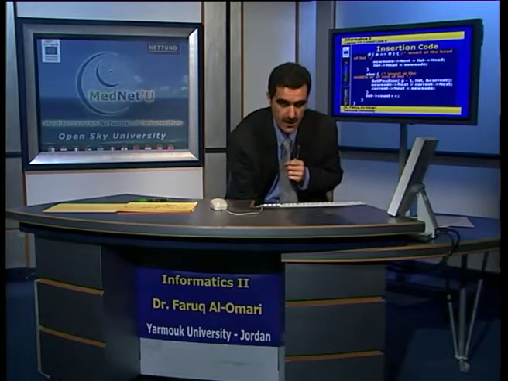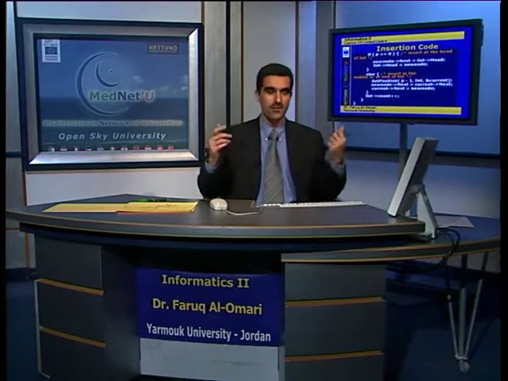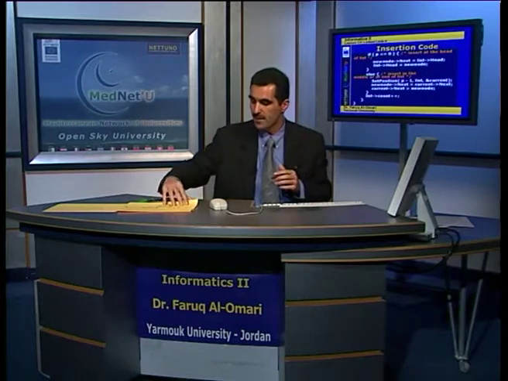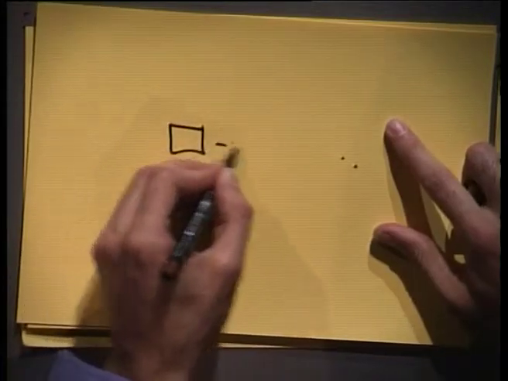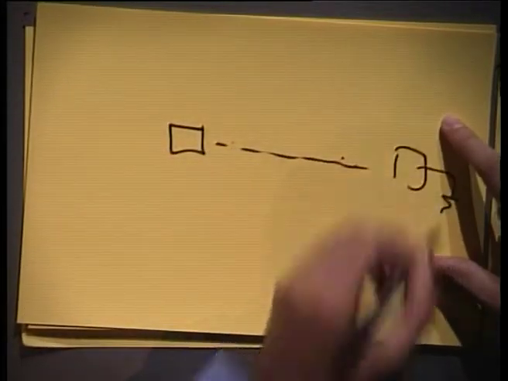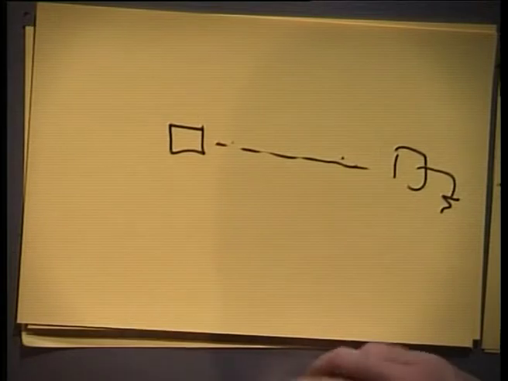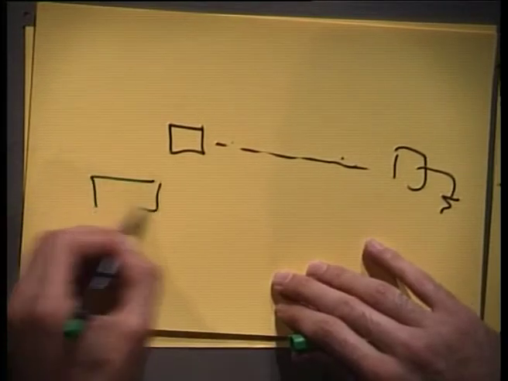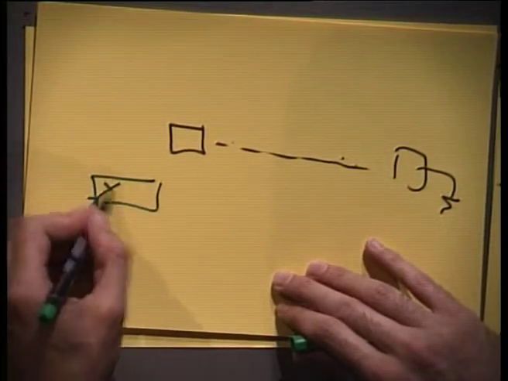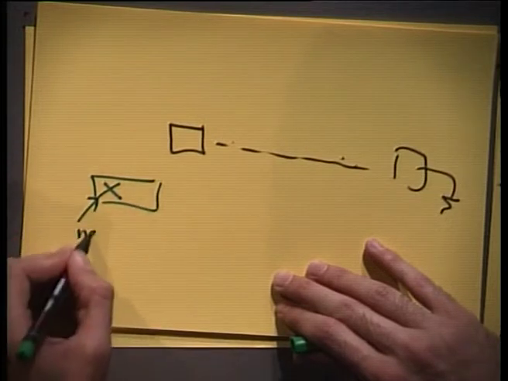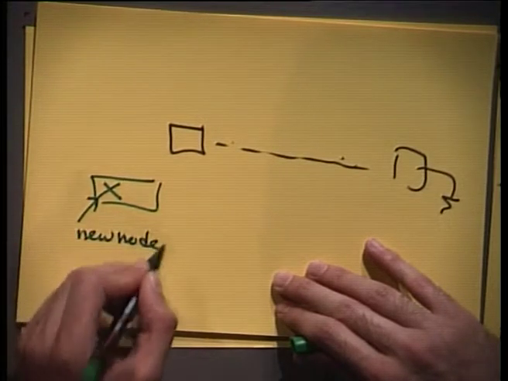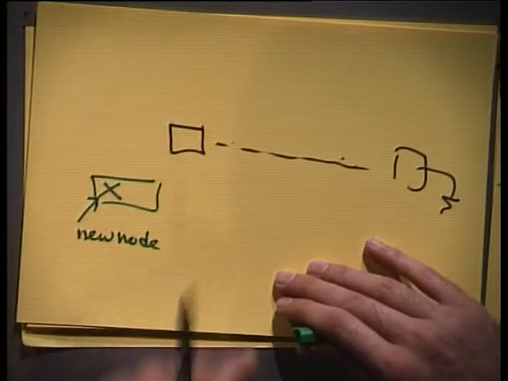So if that is the case, then let's do the two major steps we talked about when we inserted at the top. Here's the list of nodes, and new node, which I just created and filled with data, is going to go here. Head is pointing here.